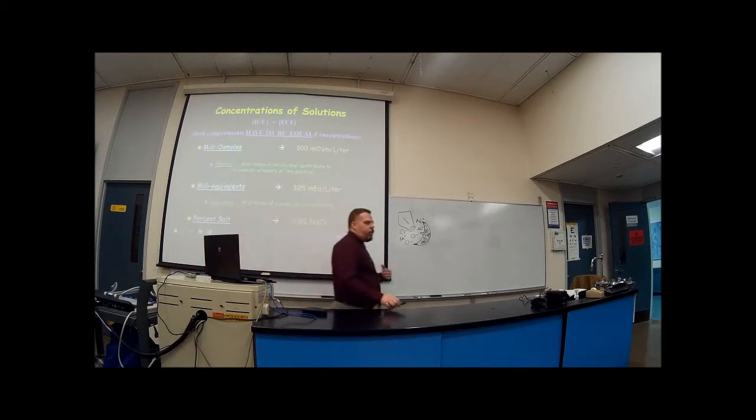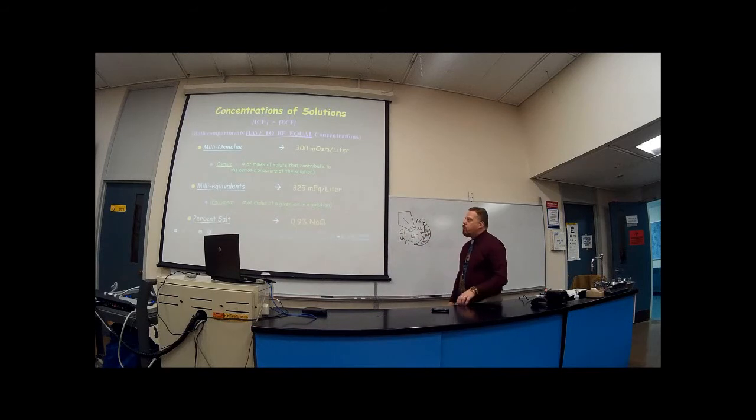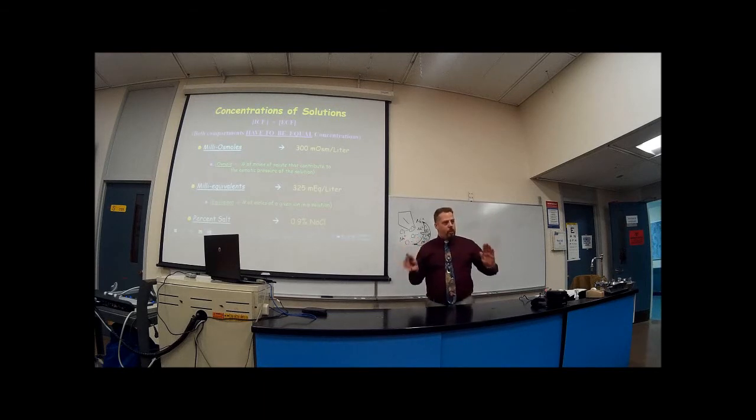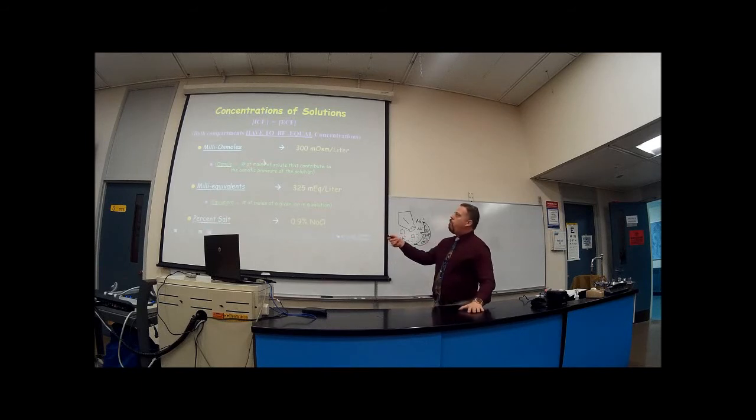So this is just facts over here. We've dealt with a few of these different things. Milliosmoles. An osmole, I don't want to get too much into chemistry, but you've had chemistry before, is the number of moles of solute that contribute to the osmotic pressure of the solution.